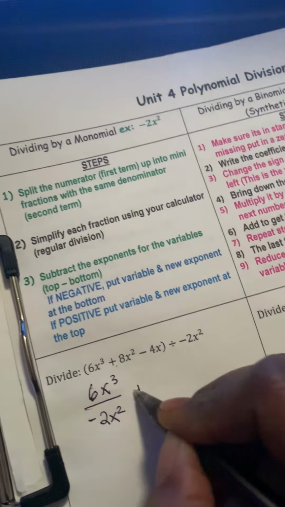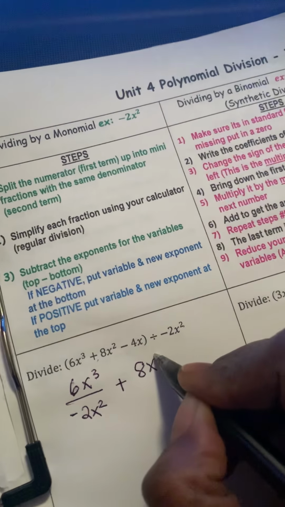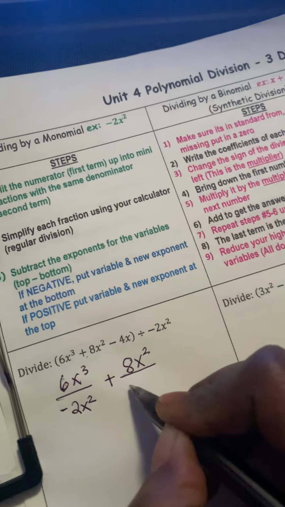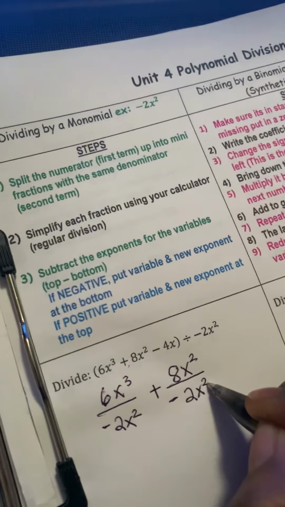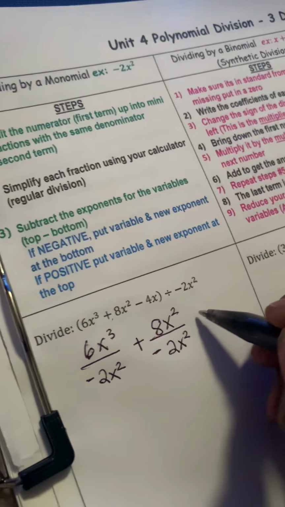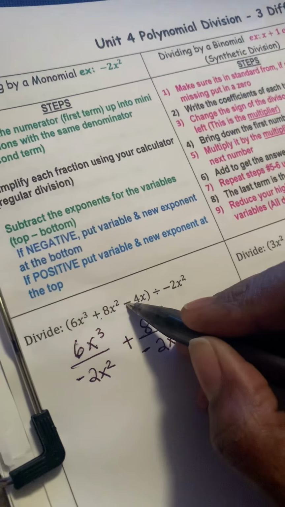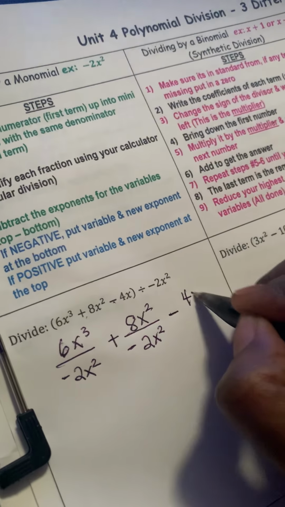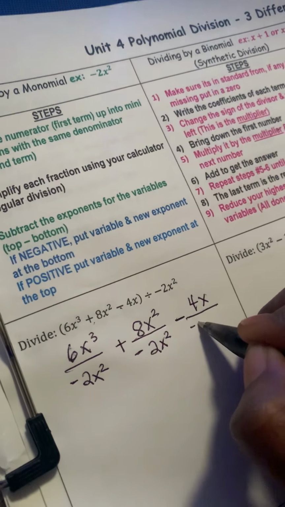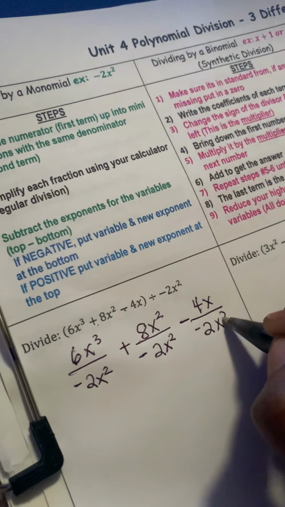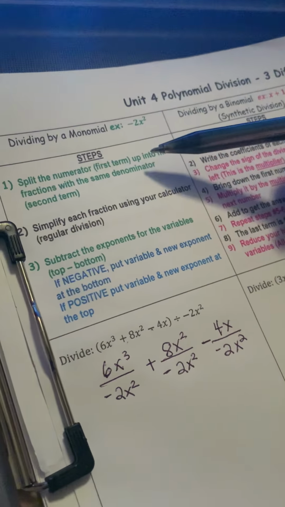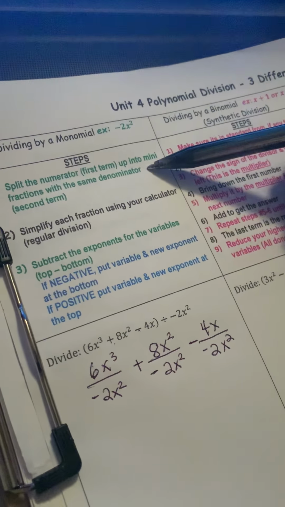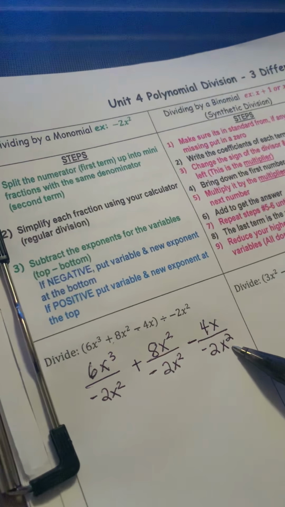Keep the sign, plus 8x squared over the same denominator, 2x squared. And then I will put minus, because the sign is minus, 4x over negative 2x squared. So I've done step 1, split the numerator up into many fractions with the same denominator.